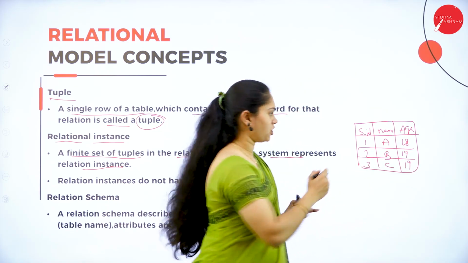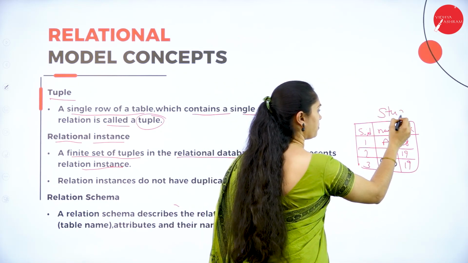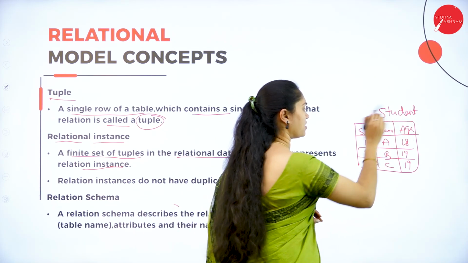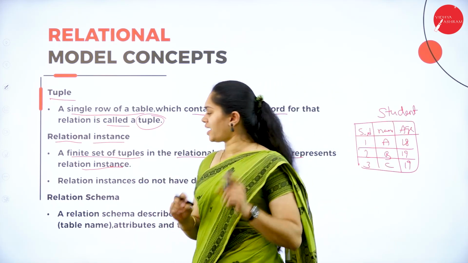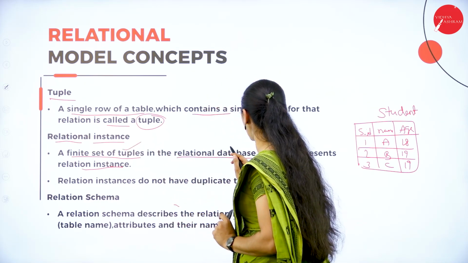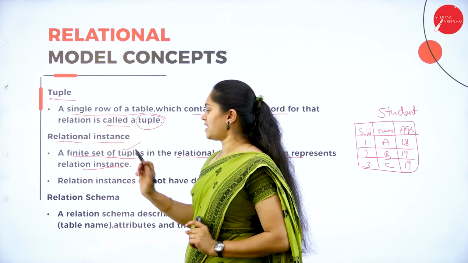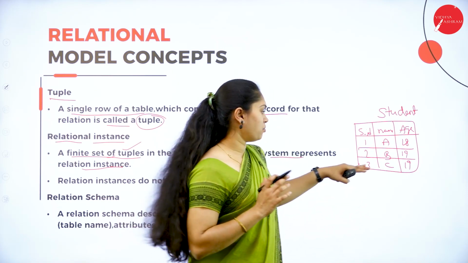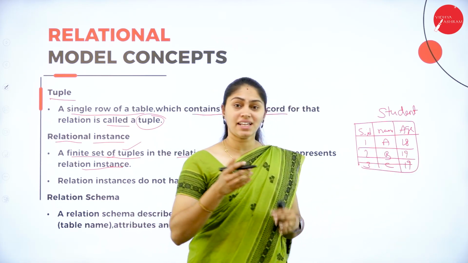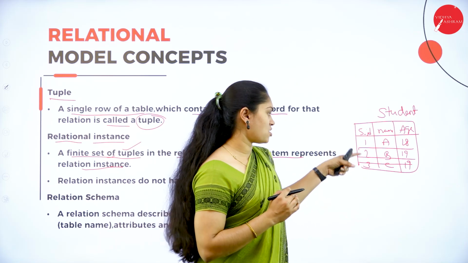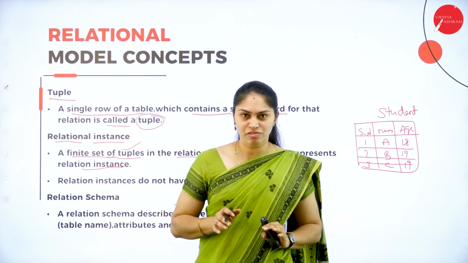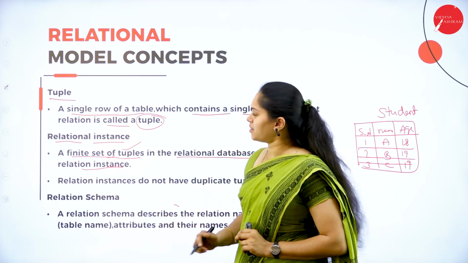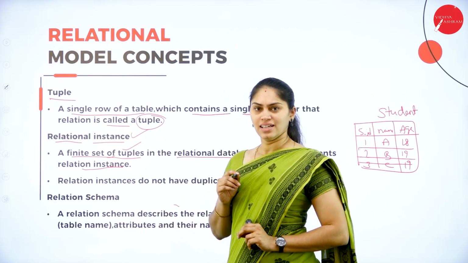So as of now, what is the state of the tuples? How many tuples do we have in the student table? That represents the relation instance. The finite set of tuples in the relational database system represents the relation instance. If I remove this third tuple, then as of now the relation instance has only 2. That means the number of tuples we have as of now, the current state, is represented by this relation instance.